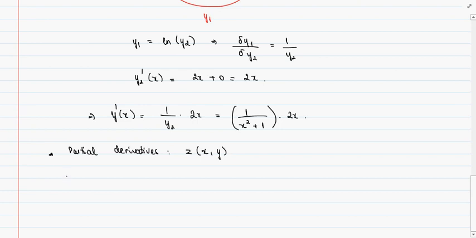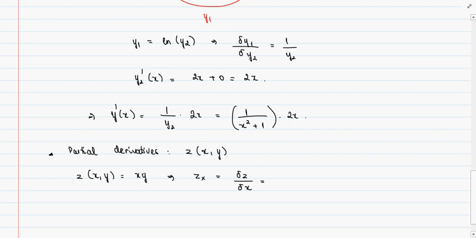So for example, if I got function z equal to x multiplied by y, so I got a product function, then if I want to differentiate z with respect to x, which is the differential of z with respect to x, basically what I do is I treat y as a constant.